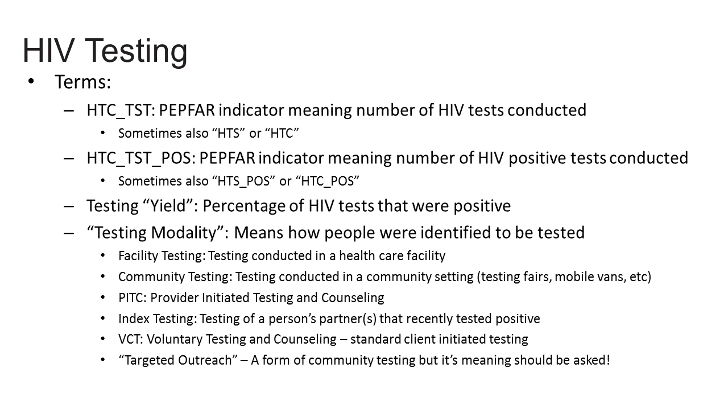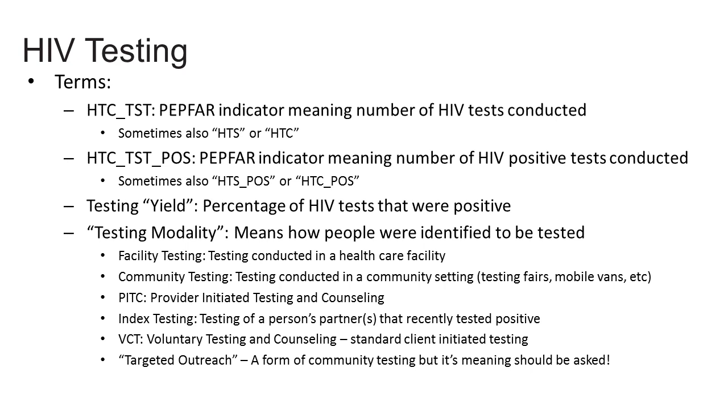The testing yield, which isn't something that PEPFAR talks about a lot, is the percentage of HIV tests that were positive. These range depending on what you're looking at and what country you're in. But PEPFAR has made a big deal about trying to increase the proportion of HIV tests that are coming back positive, so that we're not retesting the same people who are negative over and over again.